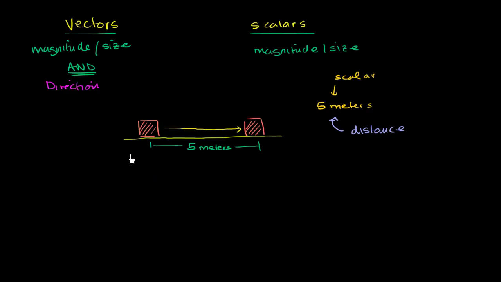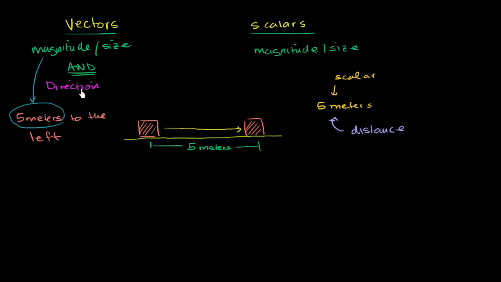If you want to specify that, we could say that this brick right over here moved 5 meters to the left. Now we have specified a magnitude right over there. So that is a magnitude.